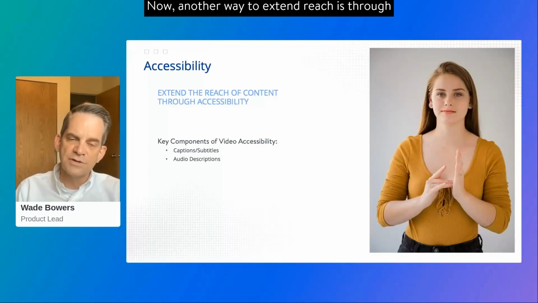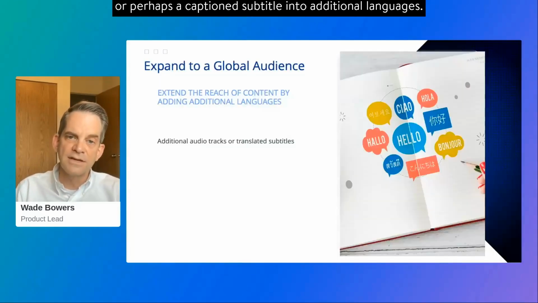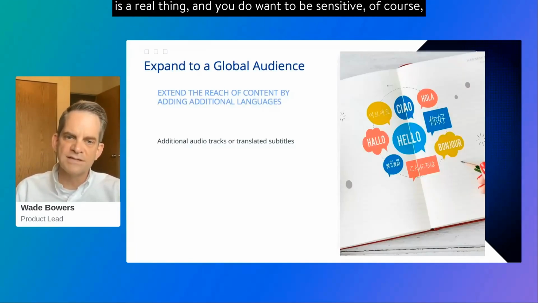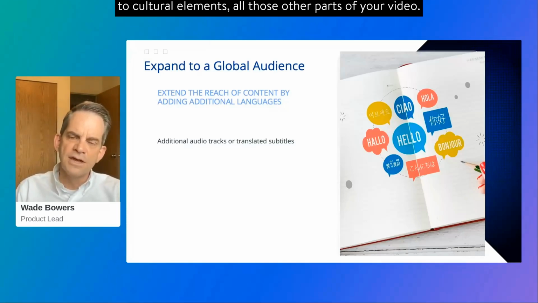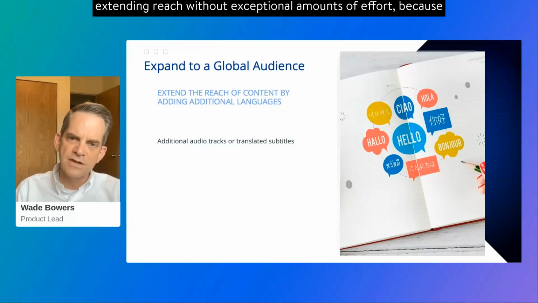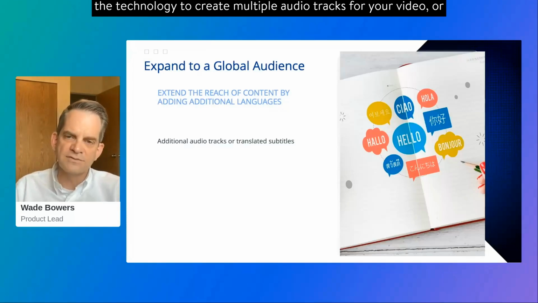Now, another way to extend reach is by taking that content and translating the audio, or perhaps the caption or subtitle, into additional languages. By saying this, I quickly want to note that localization is a real thing, and you do want to be sensitive, of course, to cultural elements and all those other parts of your video. But with modern technology, you have the advantage of extending reach without exceptional amounts of effort, because technology can utilize the audio to create multiple audio tracks for your video.